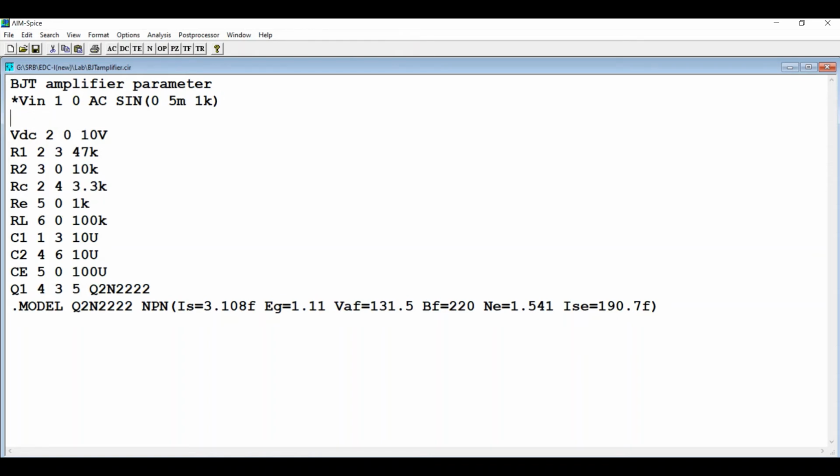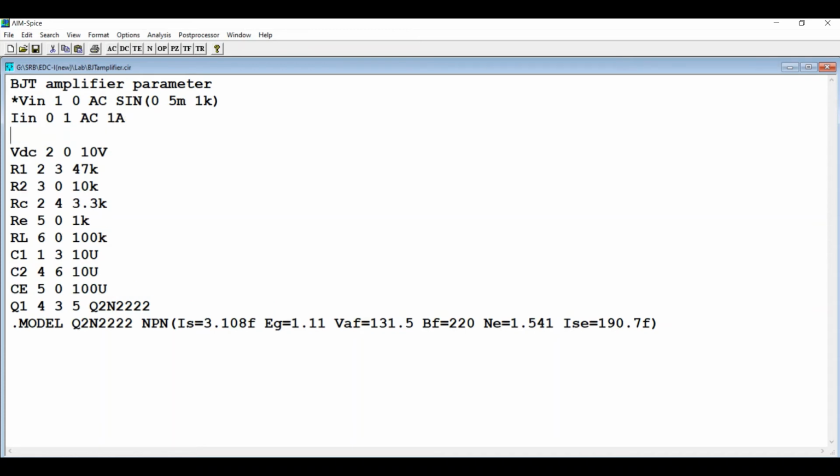And the input current IIN is between 0 and 1, AC in nature of 1 ampere, and a resistance RG is also connected between 0 and 1, 100 G. So this completes the coding for input impedance.